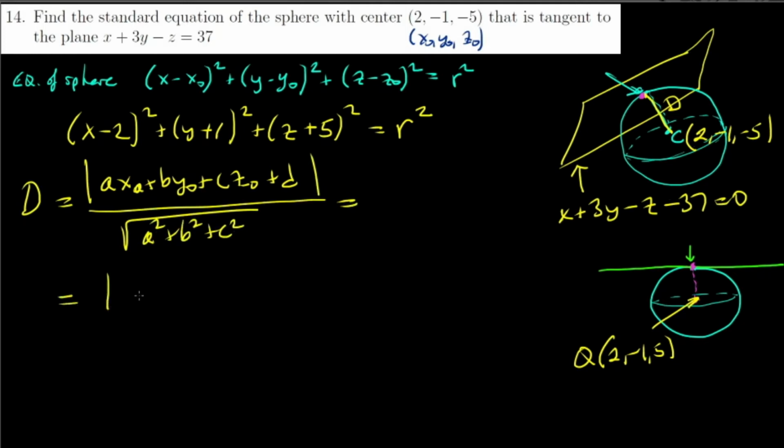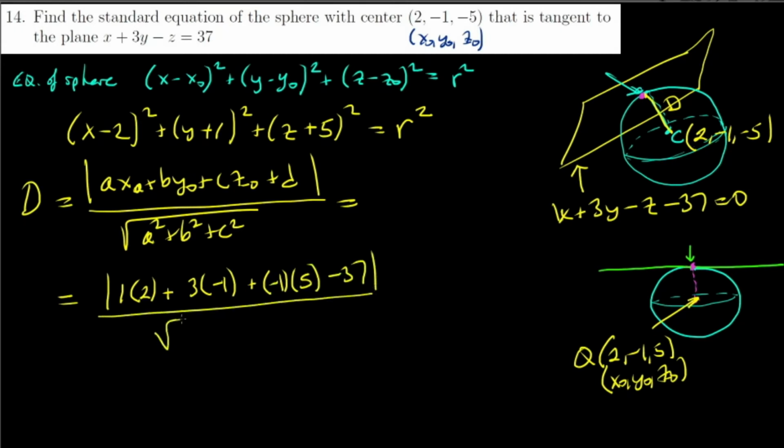All right, so a is 1, right? B is 3, c is negative 1. And x0, y0, z0 are just these coordinates here. All right, so what do we get? We get 1 times 2 plus b is 3 times y0 is negative 1 plus c is negative 1 times z0 is negative 5 plus d is negative 37, in absolute value, all over the square root of 1 squared plus 3 squared plus 1 squared.